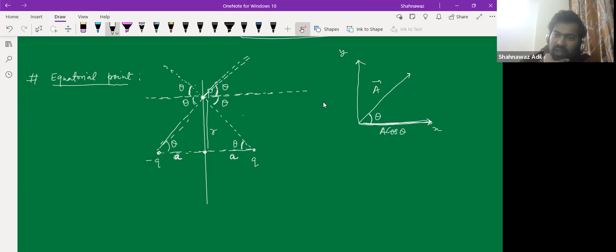This is with the y component, so this is A sin theta. This is the resolution of a vector.